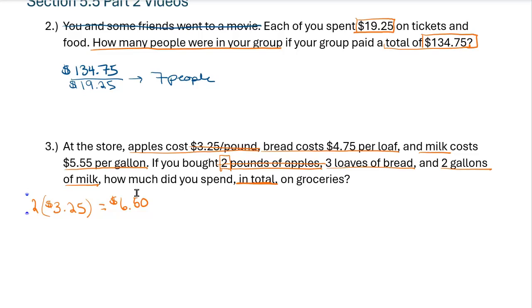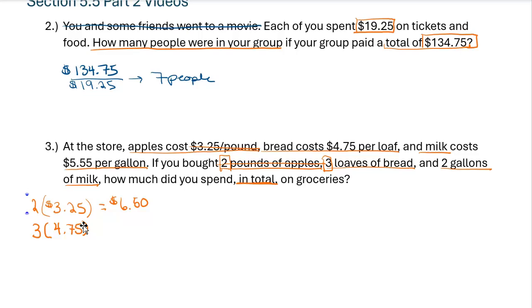Now I'm moving to the loaf of bread. So I purchased 3 loaves of bread, so 3 times the cost per loaf, $4.75. Now the first one, I included the dollar sign. The second one, I'm not including within the calculation to reduce that potential confusion.